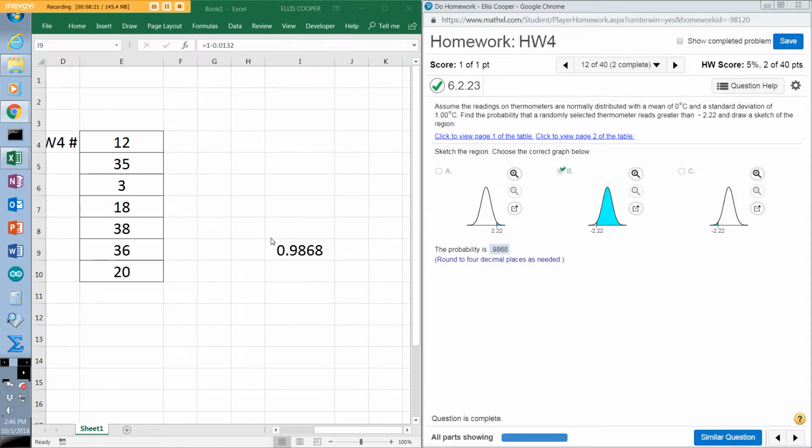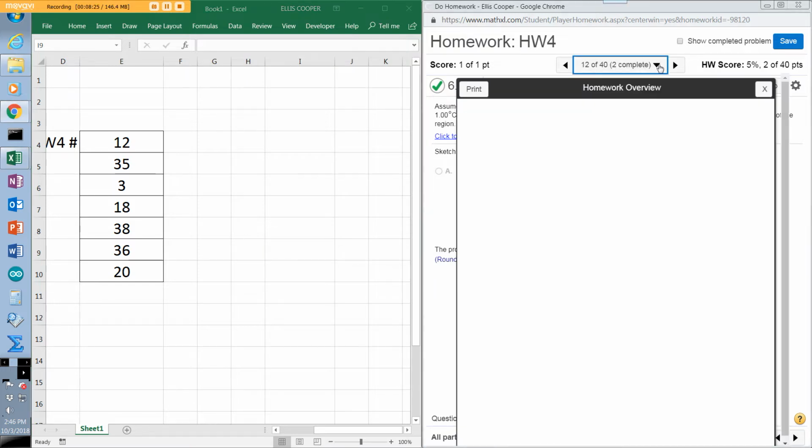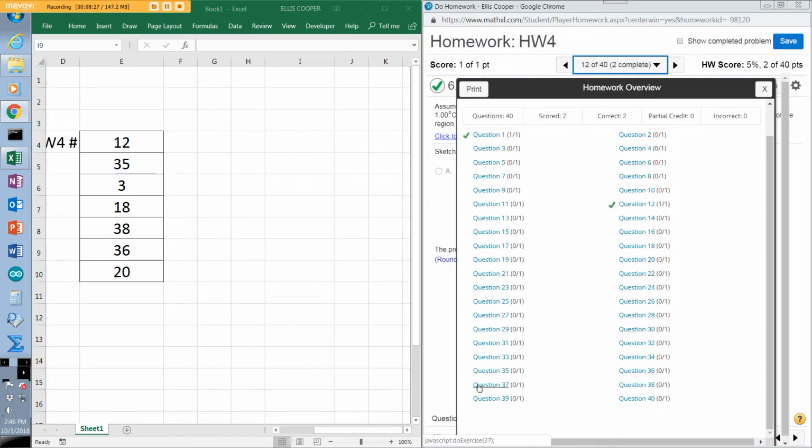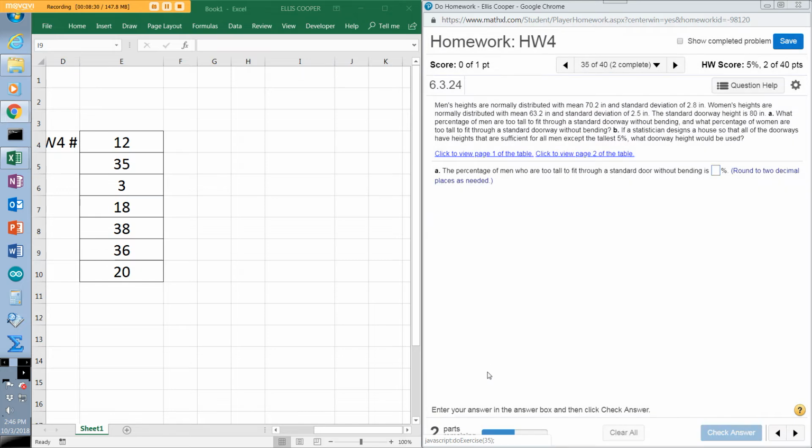We now go to question 35. So I'll go down here to 35. Oh boy. Big words, lots of numbers, but let's take it one step at a time. It says that men's heights are normally distributed with a mean of 70.2 inches and a standard deviation of 2.8 inches.